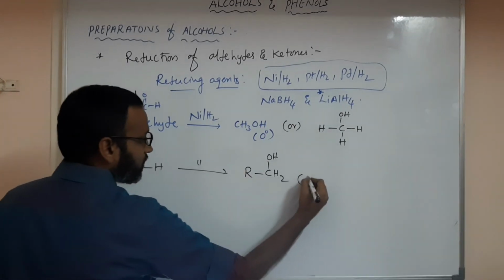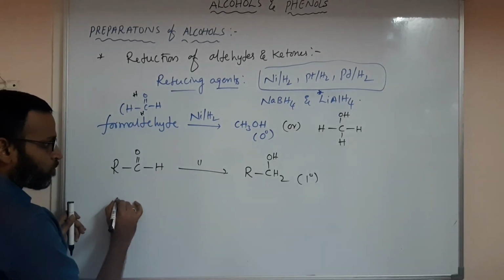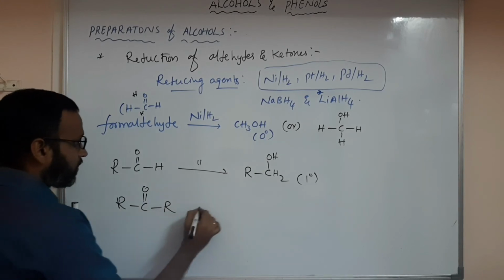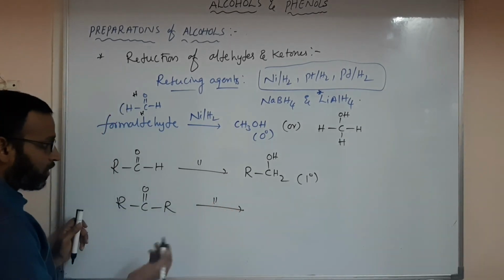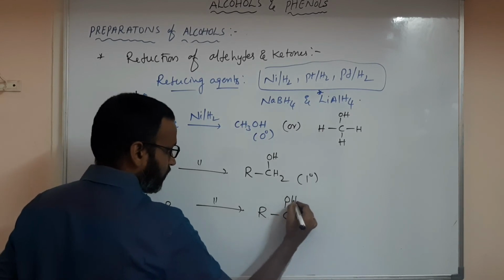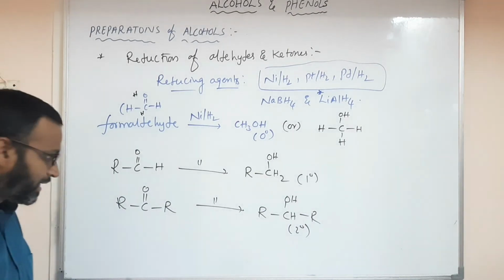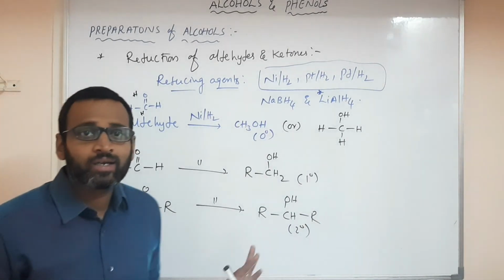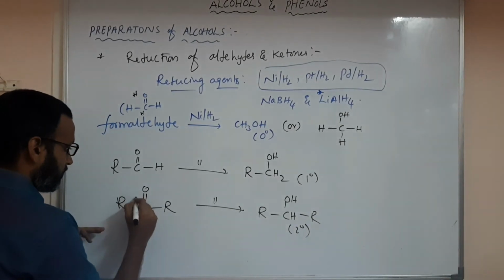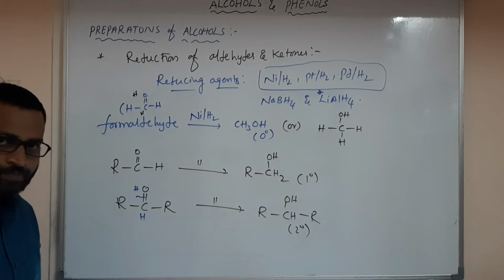What alcohol do you have? Primary alcohol. Correct? R-C double bond O-R on reduction gives what? Secondary alcohol, RCHOH. This is a secondary alcohol. Getting everyone? So a tertiary alcohol cannot be prepared on reduction. What happened here? One of the pi bonds will break, so one hydrogen here, one hydrogen there.